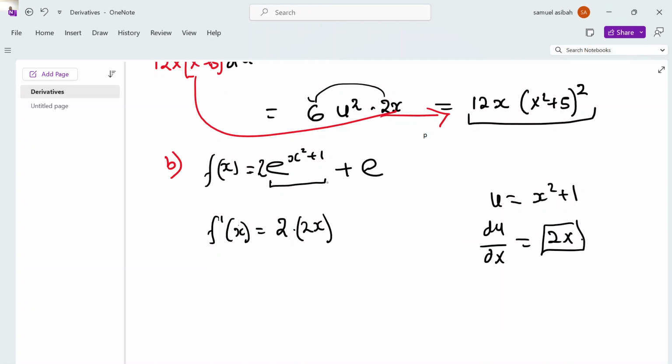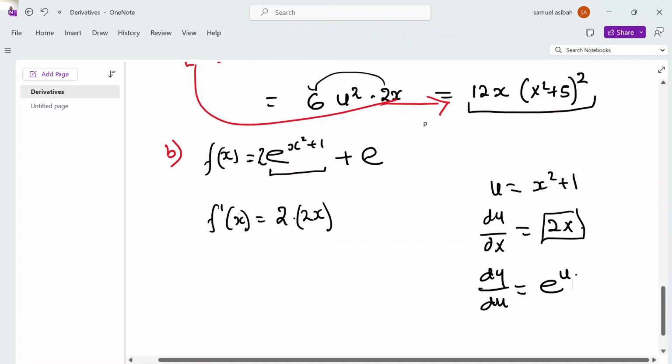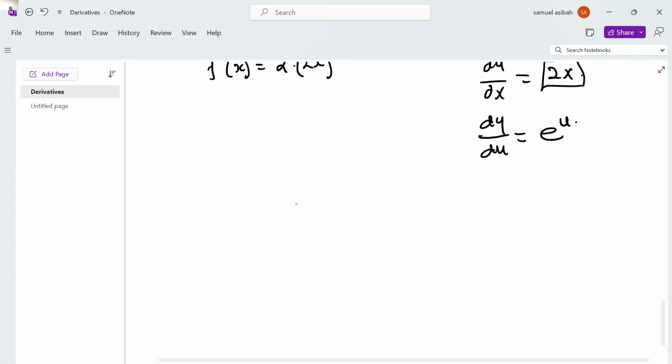Then, when you have this, we say that dy over du now becomes e to the u.